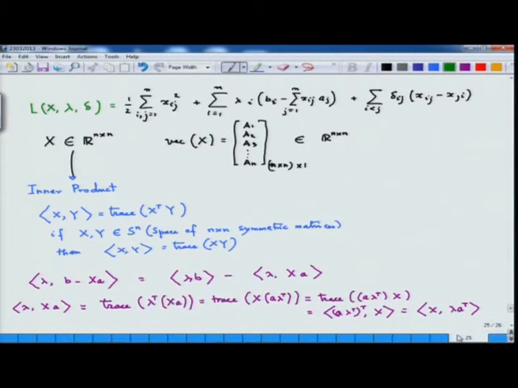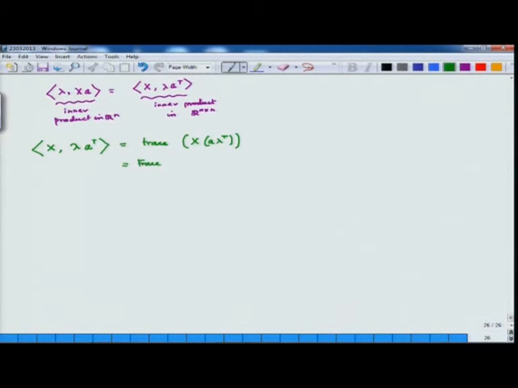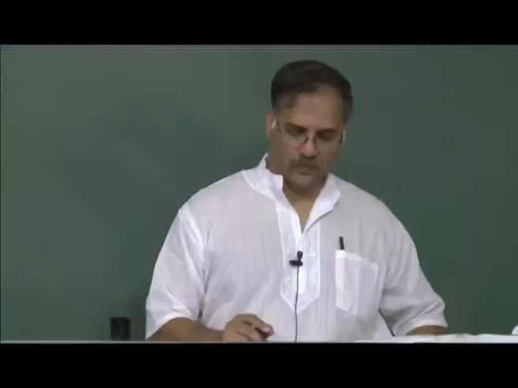Let me have a look at this step. The same thing can be A lambda transpose X, which can be written as lambda A transpose transpose, so it is all right. This is nothing but x of A lambda transpose. So you see there are a lot of links.